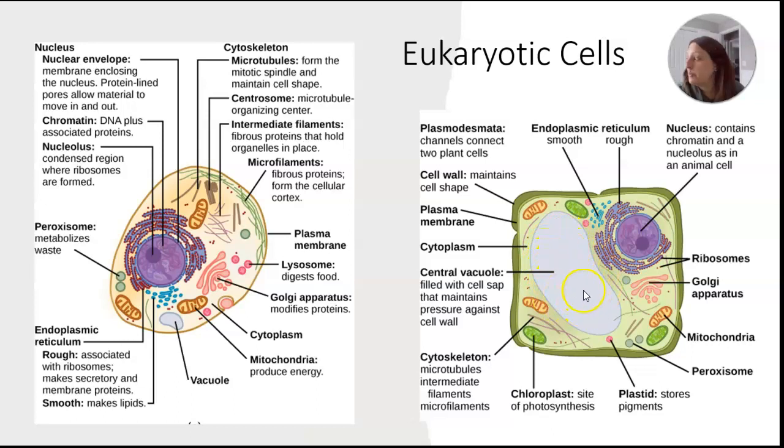And these are really important to help maintain the shape of the cell. Okay, and something that's missing from plants, really two things: lysosomes and centrosomes. And again, we're going to talk about both of those as well. So these are nice kind of summary pictures.